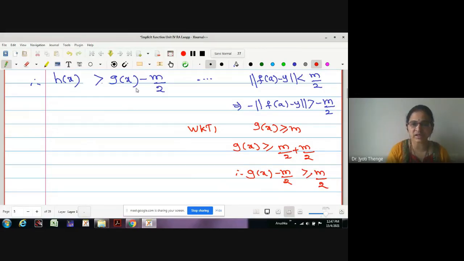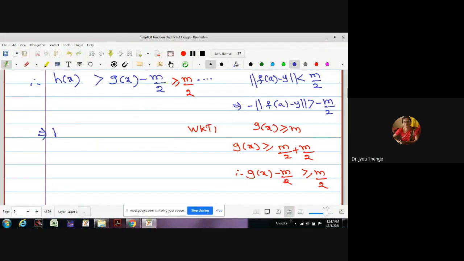What about here? It is already strictly greater. Therefore, h of x is strictly greater than g of x minus m by 2, where this is greater or equal to m by 2. Therefore, what will be my final relation? H of x is strictly greater than m by 2 for x a point on the boundary.